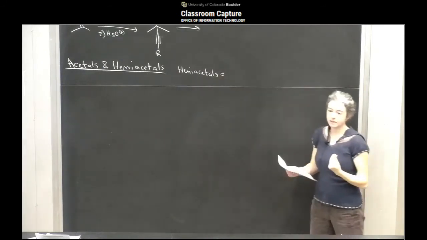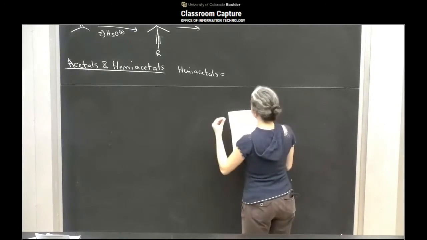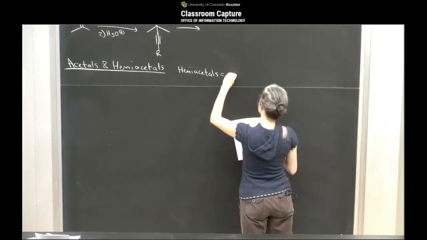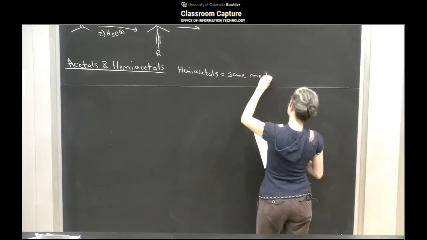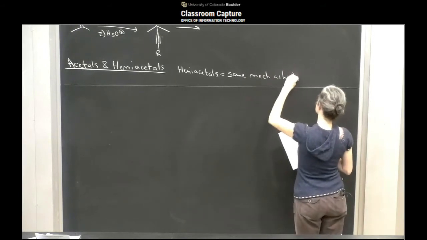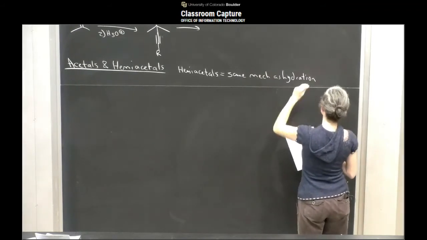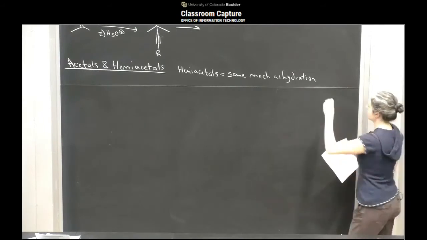Okay, so the mechanism for these, hemiacetals at least, is going to be the same mechanism as it was for hydrate formation or hydration. So you can use either acid or base.